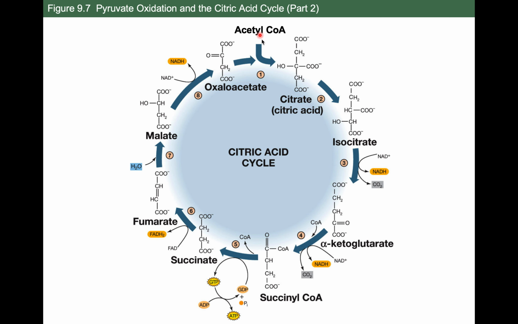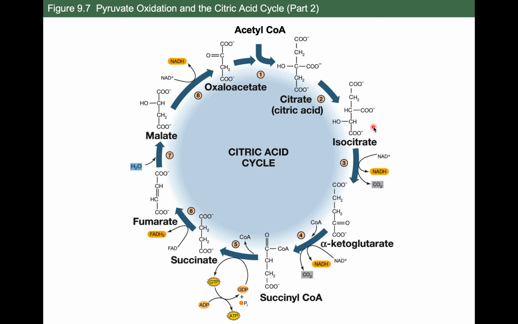So as you can see, the first reaction of the citric acid cycle is combining our acetyl-CoA that's coming in with this molecule called oxaloacetate, and that combination gives us citric acid. And as we proceed through these reactions, we're basically regenerating our oxaloacetate, so we have that ready to go again if we want to feed in another acetyl-CoA down the line.